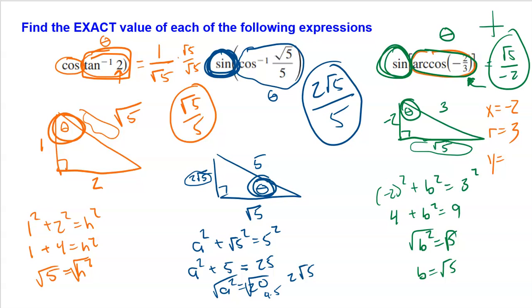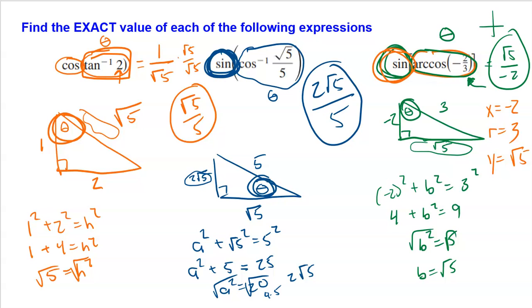Remember, it's just a different perspective of trig functions. So again, inverse cosines are angles, and the input is the adjacent over the hypotenuse. But on a circle, not necessarily the unit circle, the input could also be looked at as the x divided by the radius. And when you solve for y, you're still going to get the square root of 5. And when you say I need to find sine, sine is y divided by the radius.